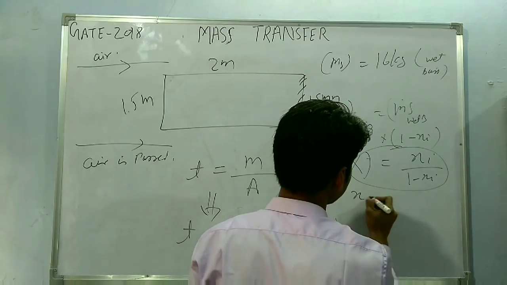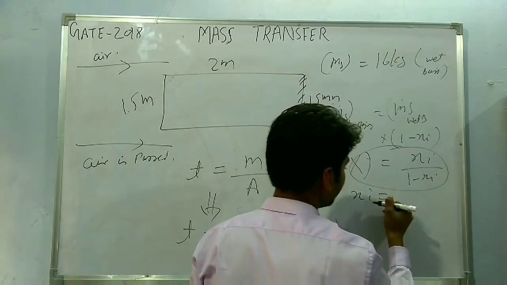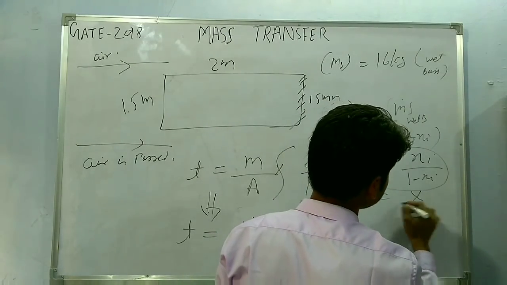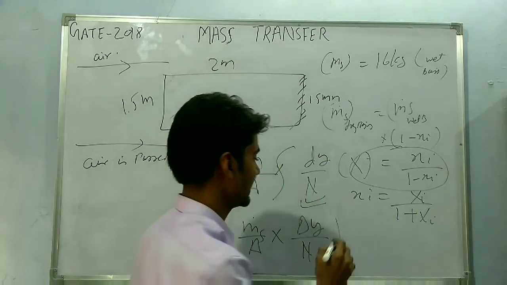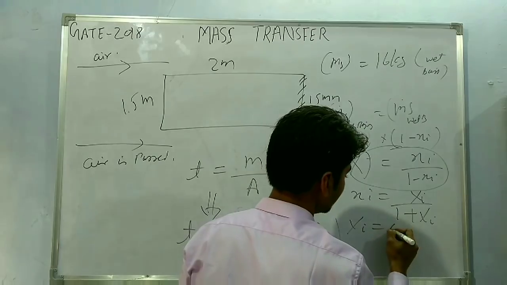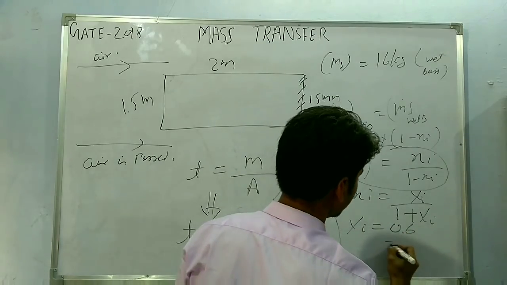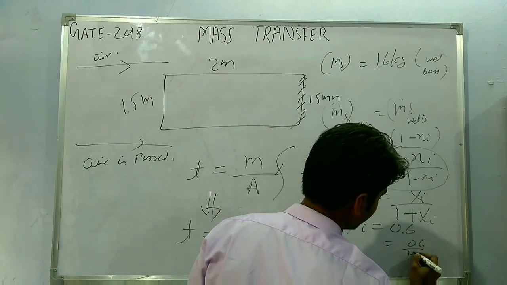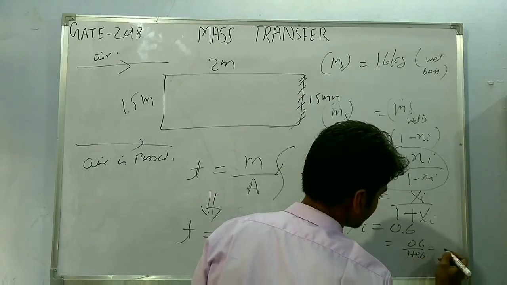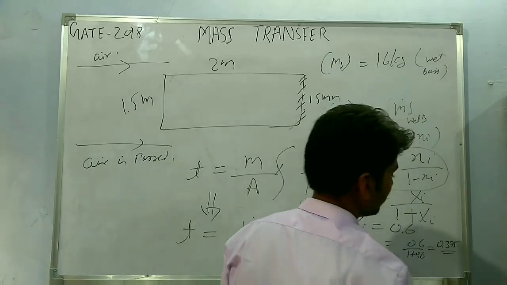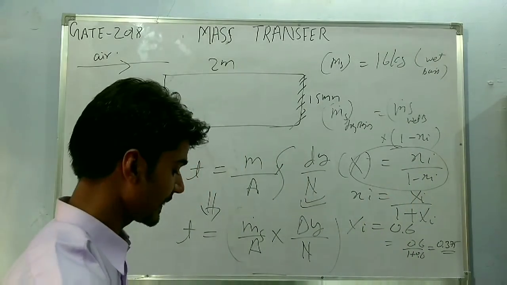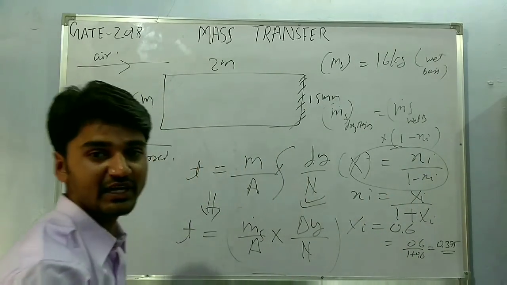That will be small xi equals capital X divided by 1 plus capital X, and capital X is given as 0.6. So that will be 0.6 divided by 1 plus 0.6, which comes out to 0.375. Now this is the initial xi.